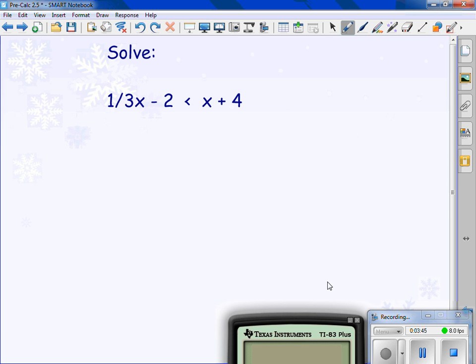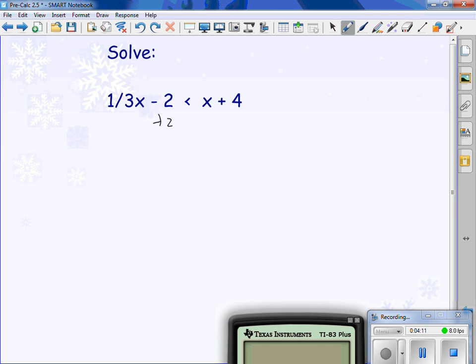Let's do this problem. What do I have to do first? I have 1/3 x minus 2 is less than x plus 4. What do we want to move first? I'm going to move the negative 2.